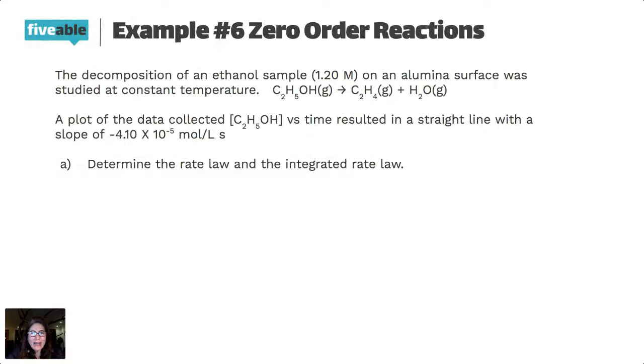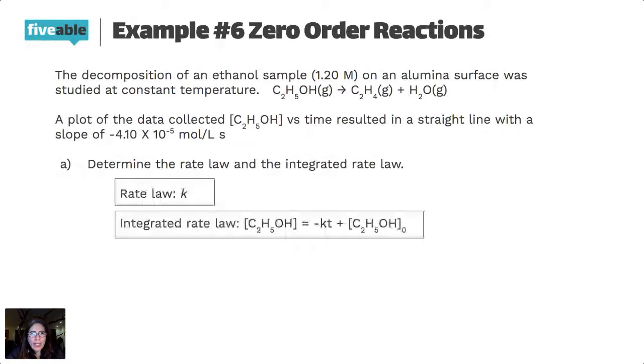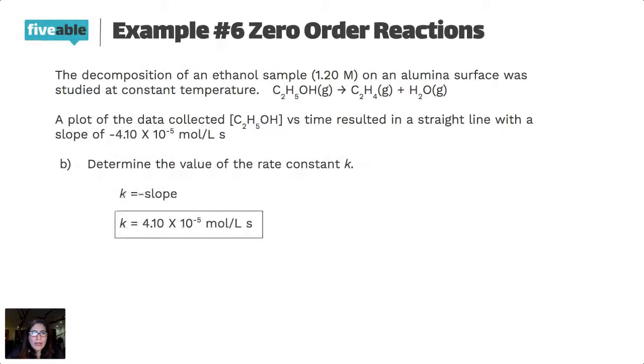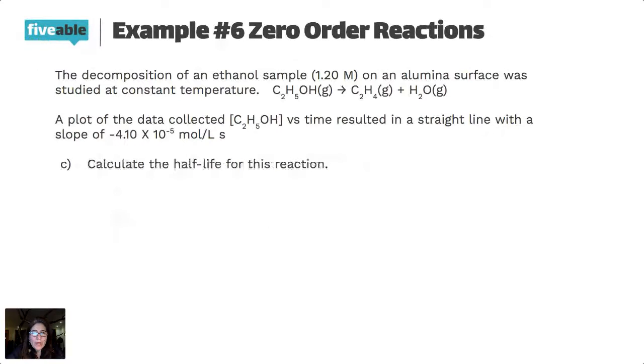Then the half-life. If we go again to part A, we have the rate law equals K, and the integrated rate law is the one considering the concentration of ethanol. And the value of K, we already mentioned that it was the positive slope, correct?